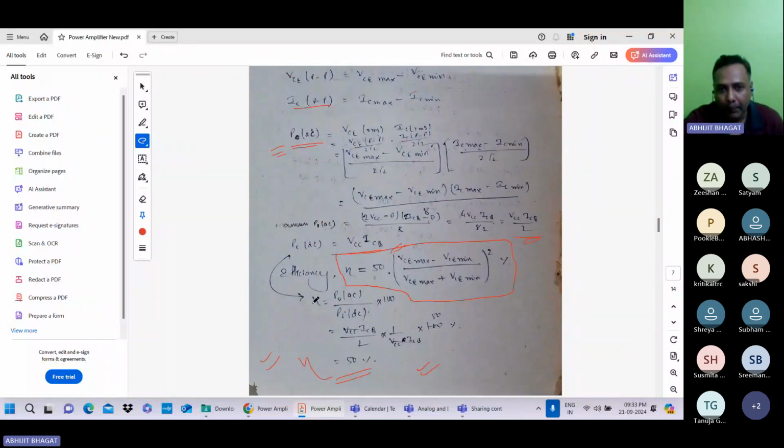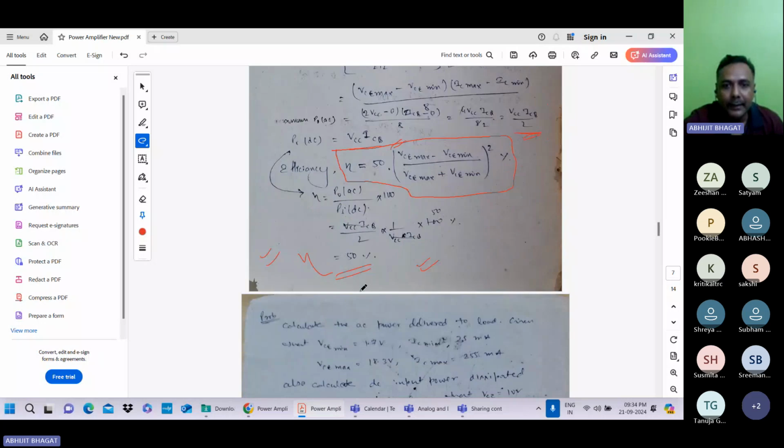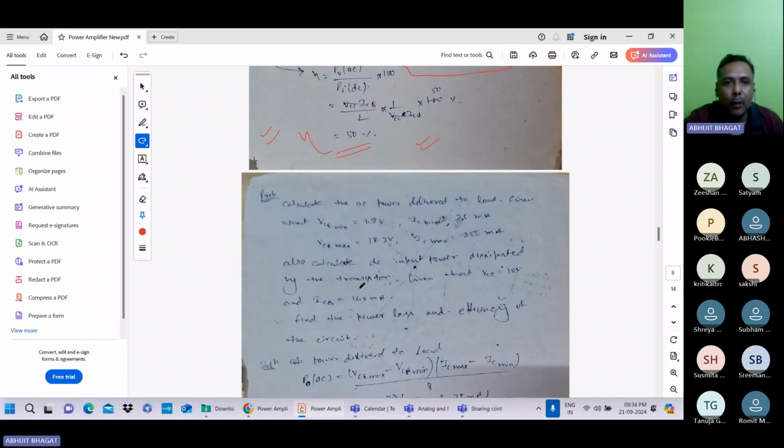Okay, so you have to derive the efficiency here. So this type of questions you will get from this topic. You are getting long question from class A power amplifier.